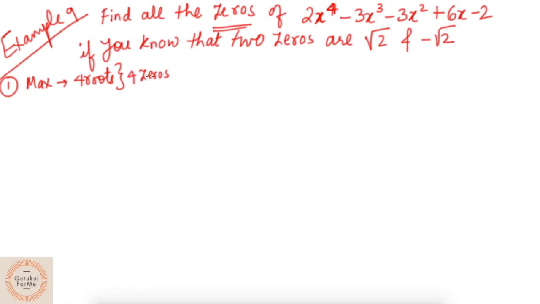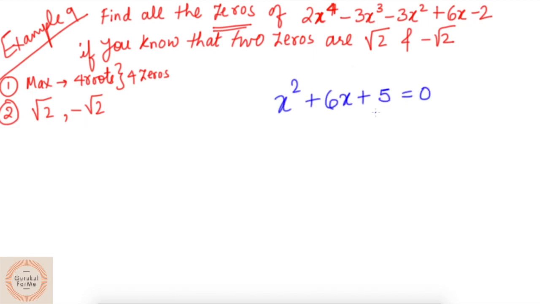Out of which, second step, we are given that 2 zeros are root 2 and minus root 2. Let me quickly jump to a quadratic equation and make your life simple. Look at this quadratic equation, x square plus 6x plus 5.